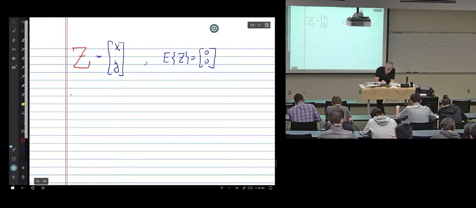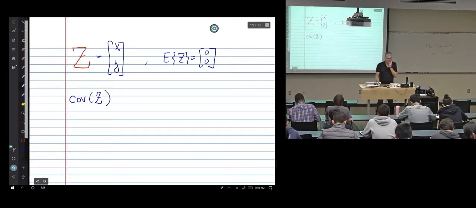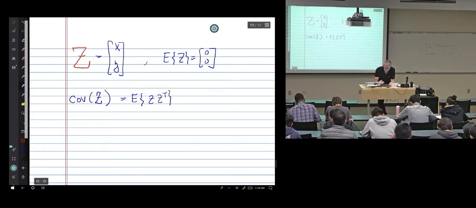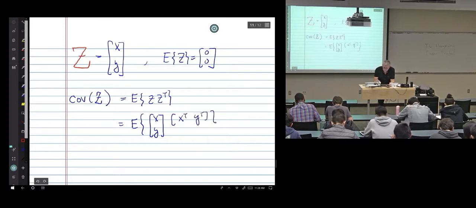So let's compute the covariance matrix of Z. So that's the expected value of Z times Z transpose. So that's the expected value of X, Y times X transpose, Y transpose.